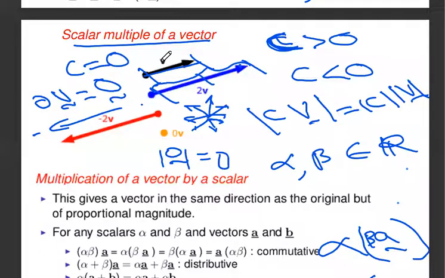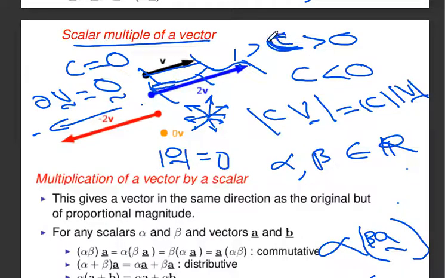If you multiply this vector by a scalar that is positive and less than one, the magnitude changes and the length of the resultant one would be less than the original vector.